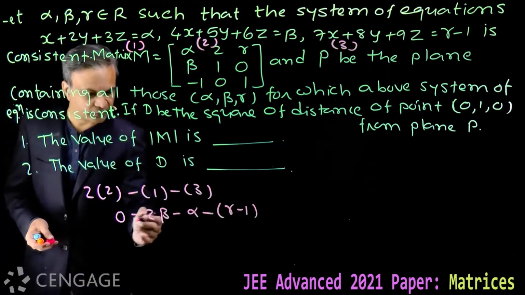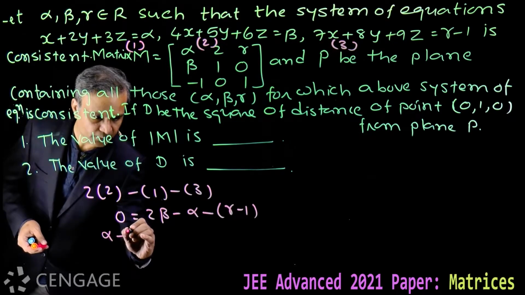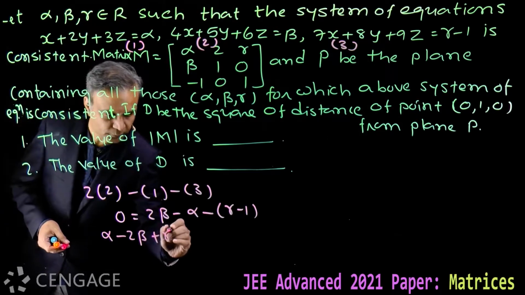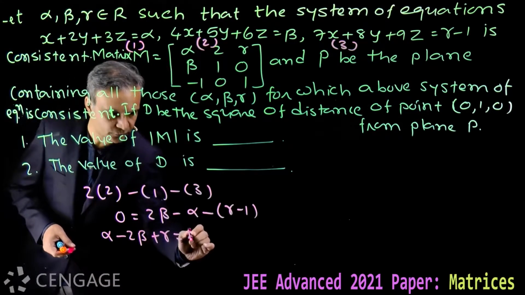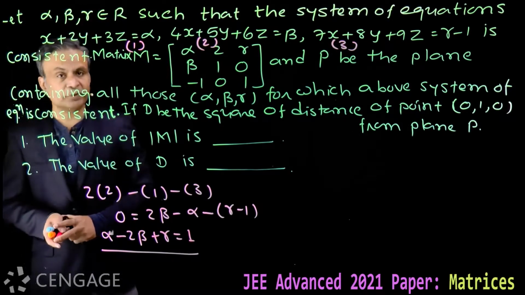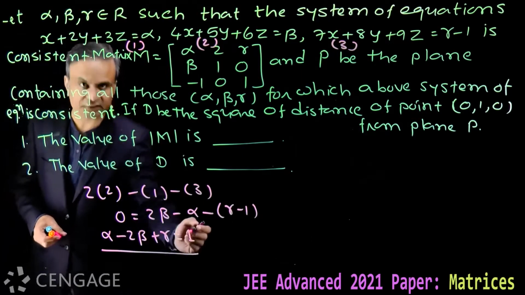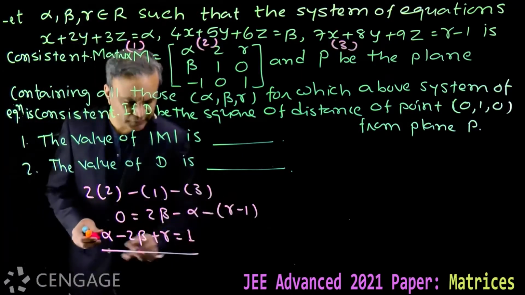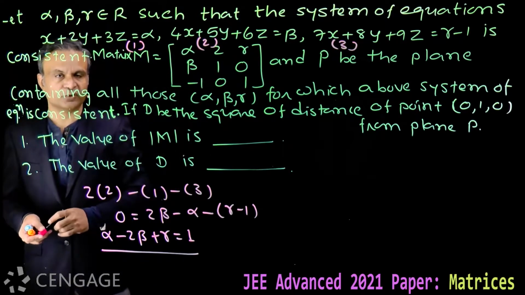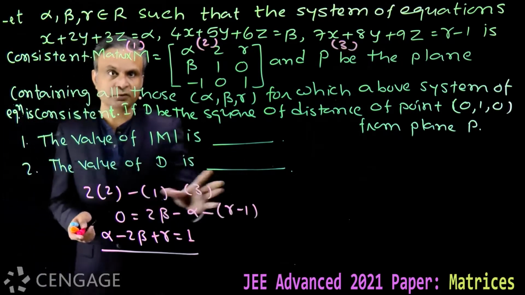We get alpha minus 2 beta plus gamma is equal to 1. That means the system of equations will be consistent if alpha, beta, gamma satisfy this condition. If we choose alpha, beta, gamma satisfying this condition, then definitely the system of equations will be consistent, because for that we will have 0, 0 on both sides.